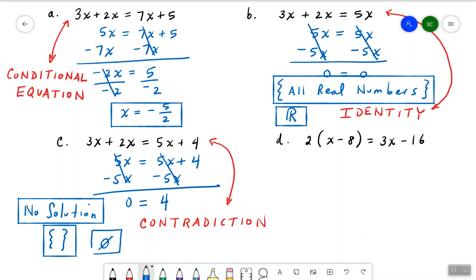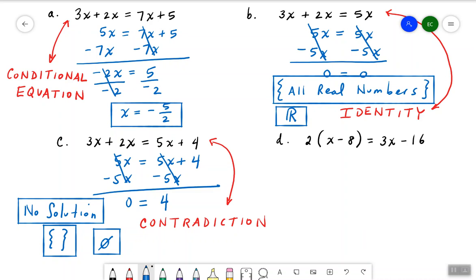It looks like a 0 with a line through it, but it's not the number 0. It's the empty set, the same as the curly braces with nothing inside. So again, when we saw 0 equals 4, that's never true. That's a contradiction. In part B, we saw 0 is equal to 0. That's always true. That's an identity.